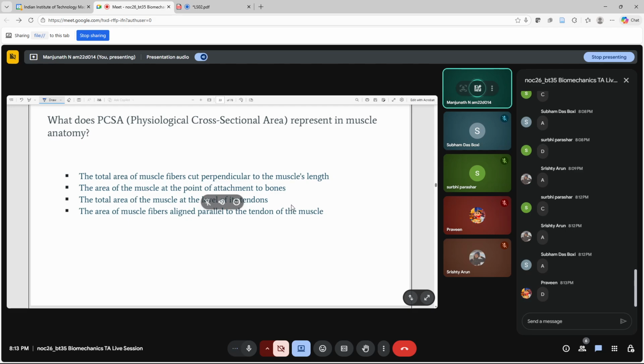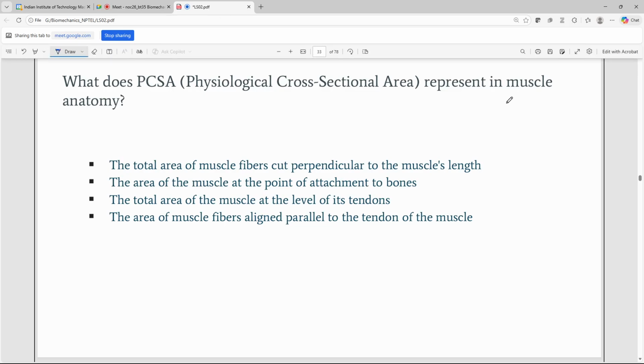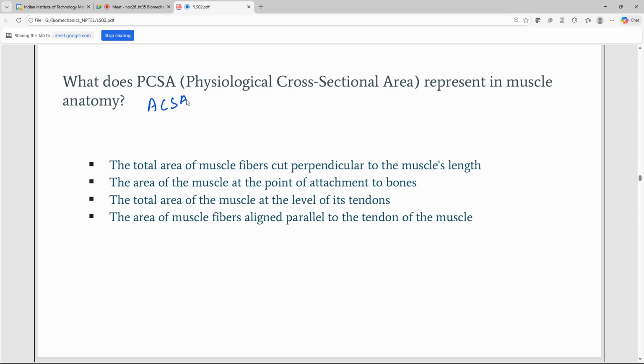So what does PCSA, that is physiological cross-sectional area, represent? If you remember, there are two different cross-sectional areas. First one is PCSA, next one is ACSA, where A stands for anatomical.